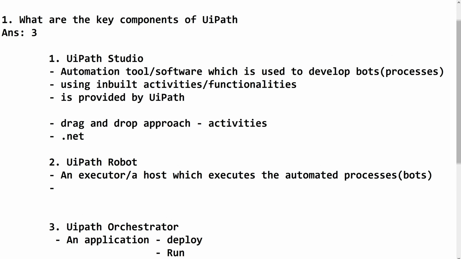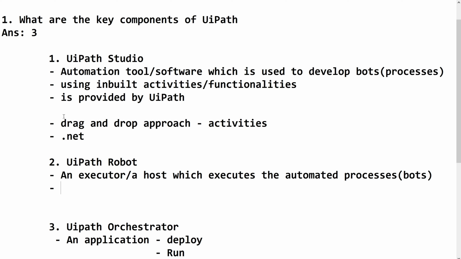Let us recap the key takeaway points. There are three key components in UiPath. One is UiPath Studio, which is a tool or software where we can develop our bots using inbuilt activities or functionalities provided by UiPath.